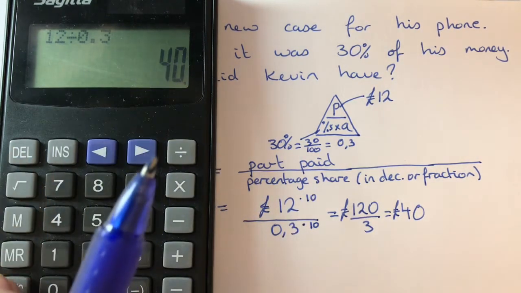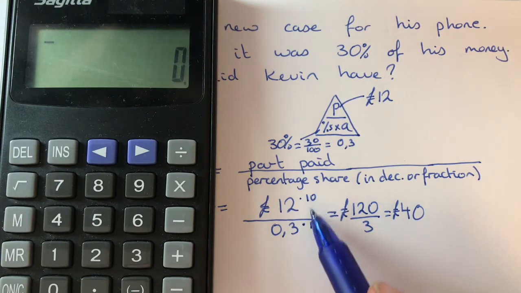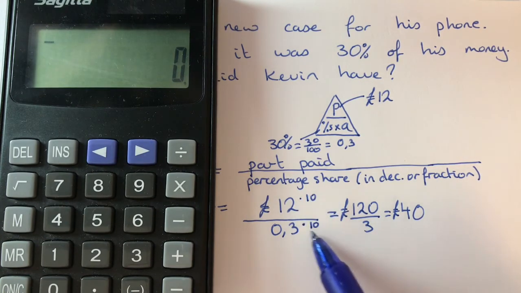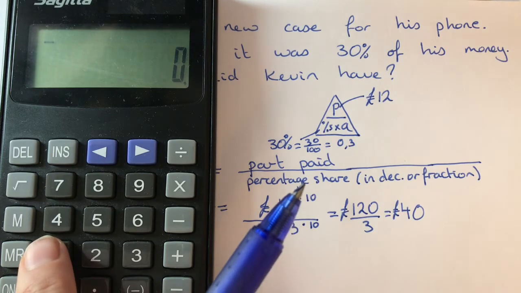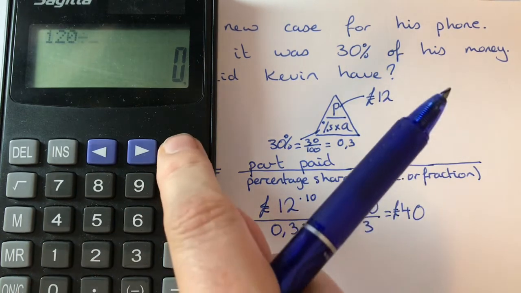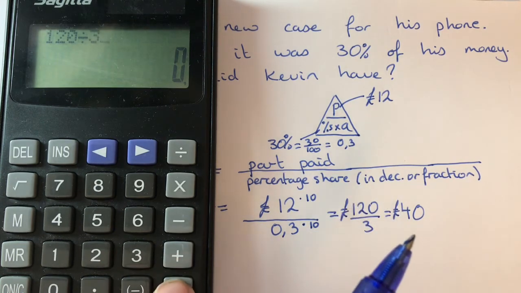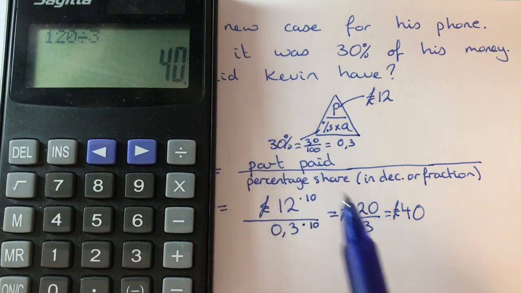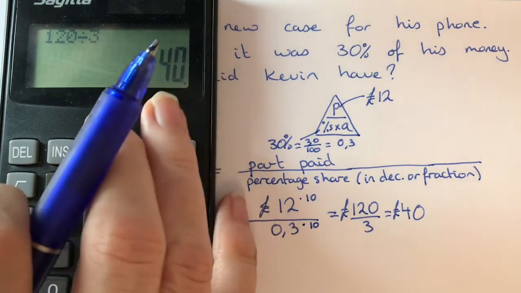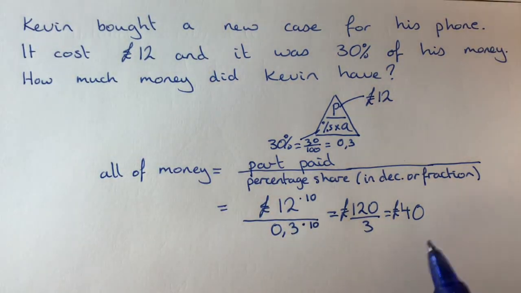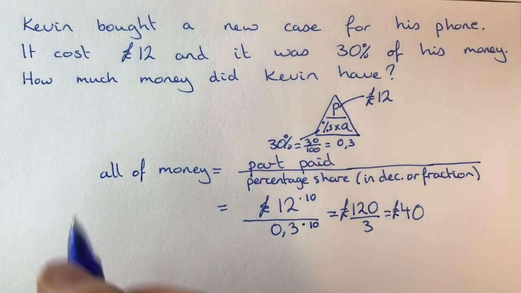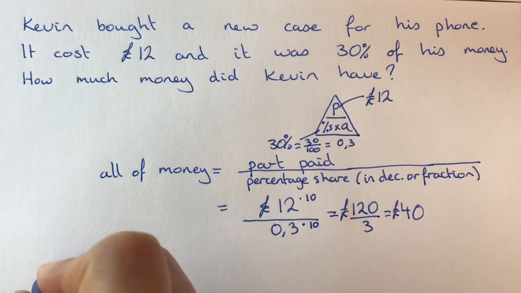And if we expand this by multiplying by 10 and dividing by 10 at the same time, we get an easier number, because we don't need to know our 0.3 times tables. We can use our 3 times tables, divided by 3, and we also get 40. So we're not changing our answer here, we're just making the maths a little bit easier to work out. So Kevin had £40.